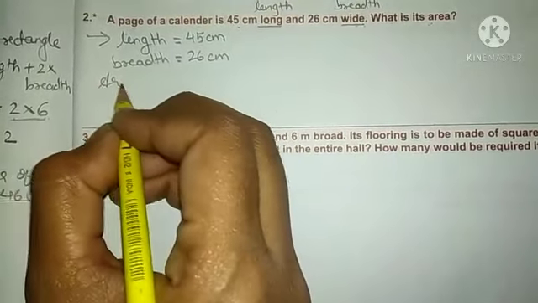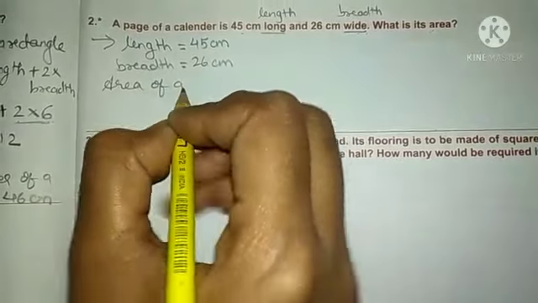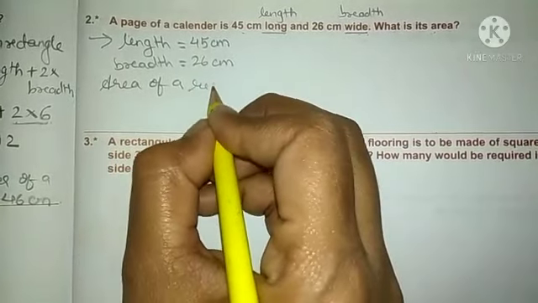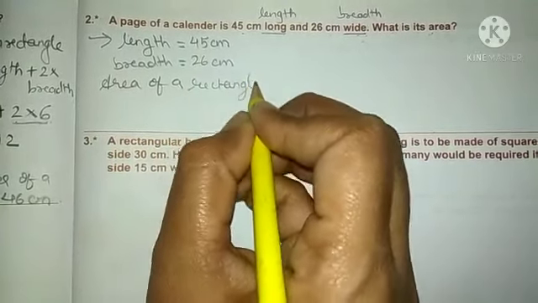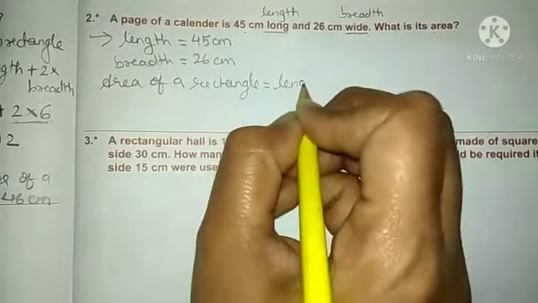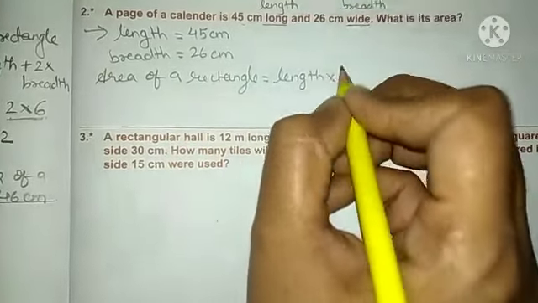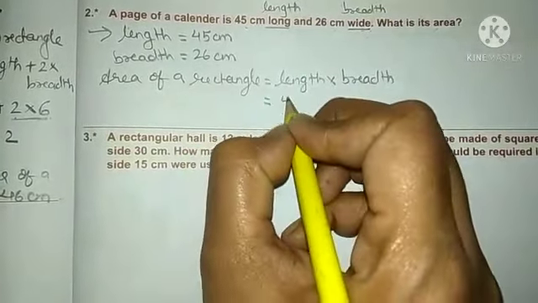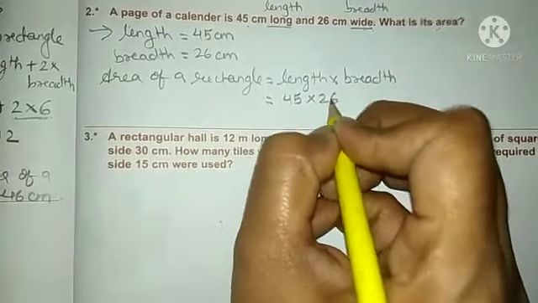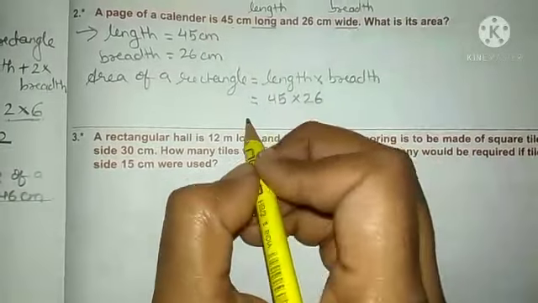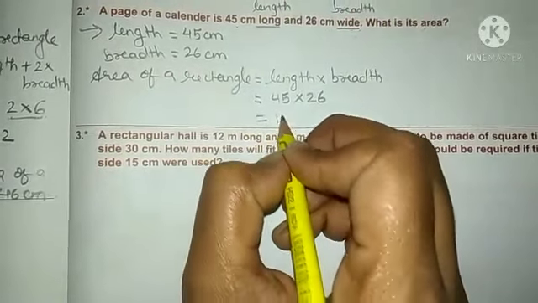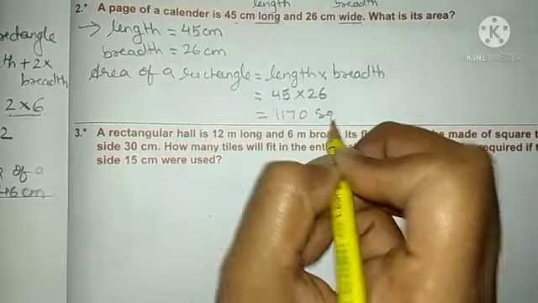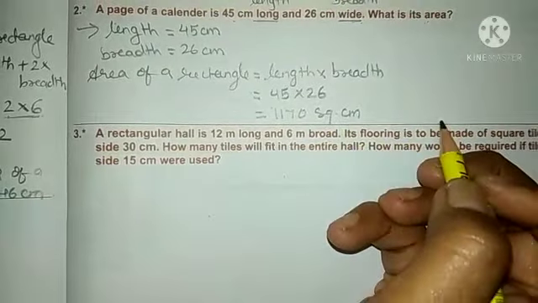So here we will use the formula area of a rectangle, that is length multiplied by breadth. So your length is 45 and your breadth is 26. So 45 multiplied by 26, you will get 1170 square centimeter. Clear?